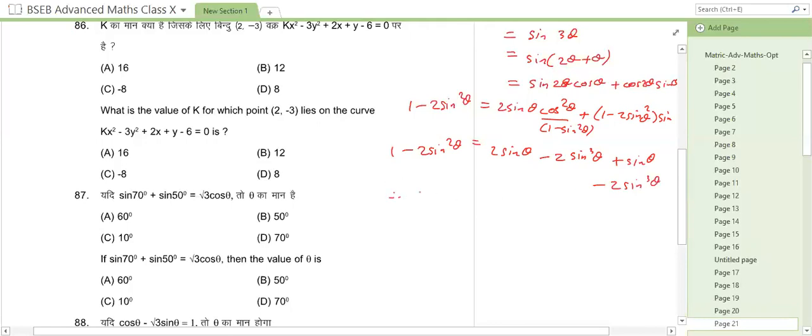Therefore, bringing everything over, we have 4 sine cubed theta, make it equal to 0. So I have the 1 there, minus 3 sine theta.